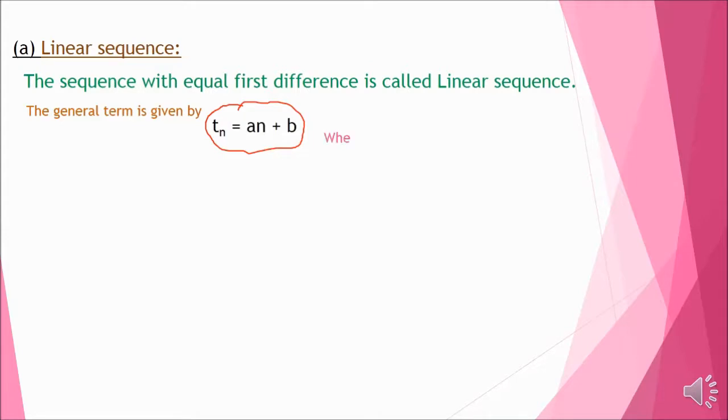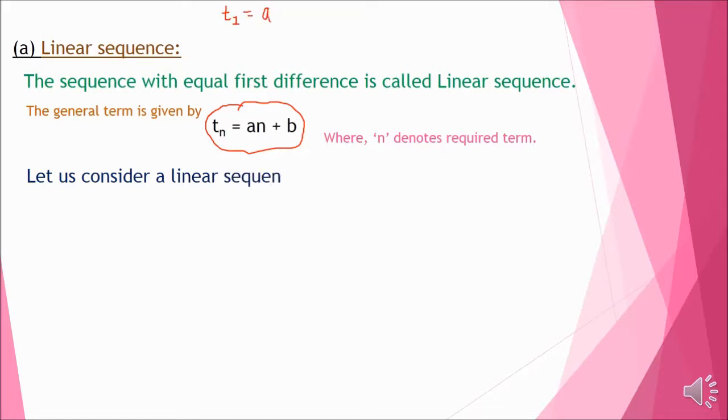Now, where n denotes the required number of terms. Let us consider a sequence. Now, how to construct a sequence? When the value of n is 1, you can easily say it will be a plus b. When the value of n is 2, it will be 2a plus b.